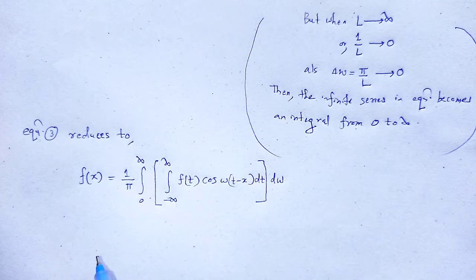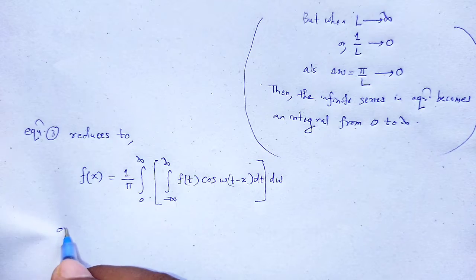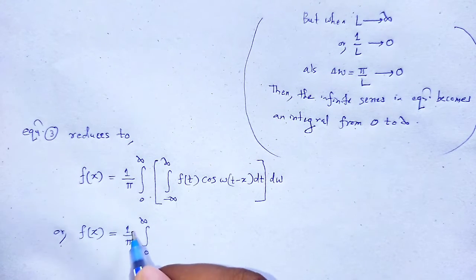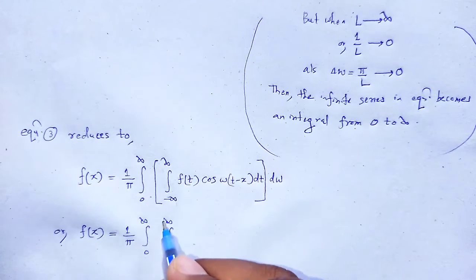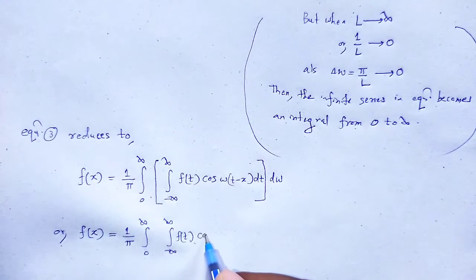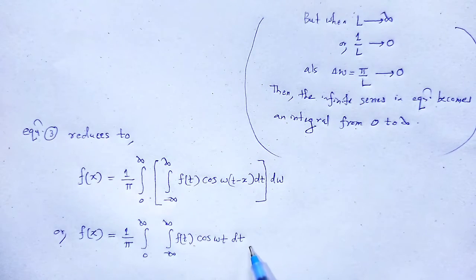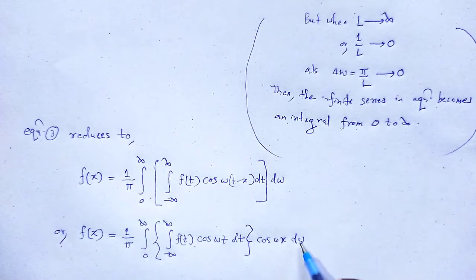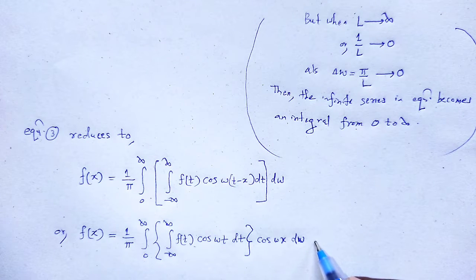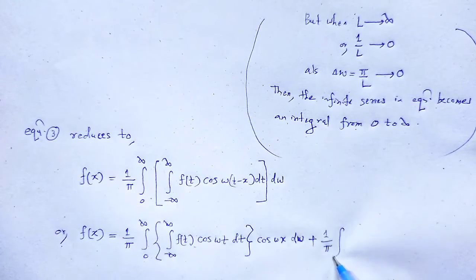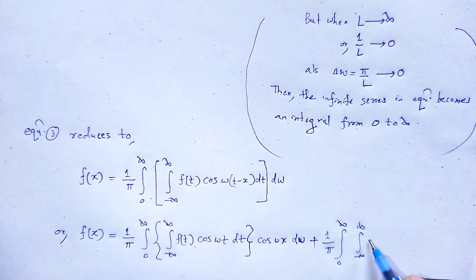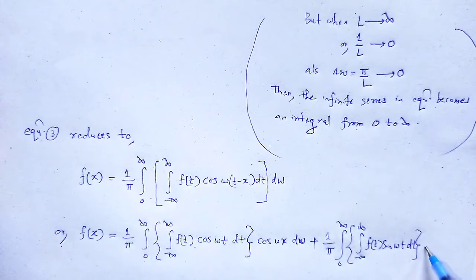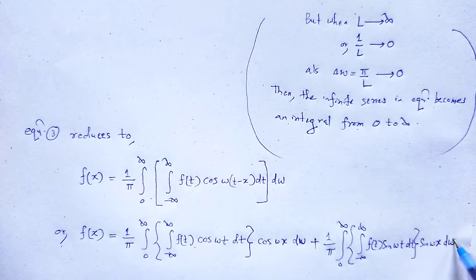Or use the cos a minus b formula: f of x is equal to 1 by pi integration from 0 to infinity, integration from minus infinity to plus infinity, f of t cos omega t dt cos omega x d omega, plus 1 by pi 0 to infinity, minus infinity to plus infinity f of t sin omega t dt sin omega x d omega.